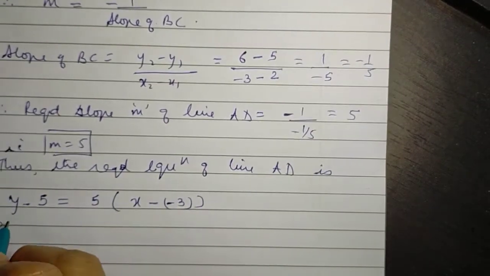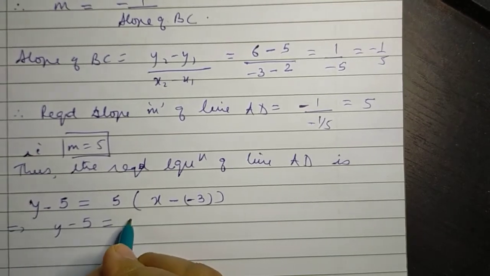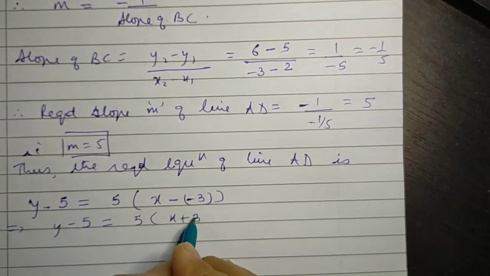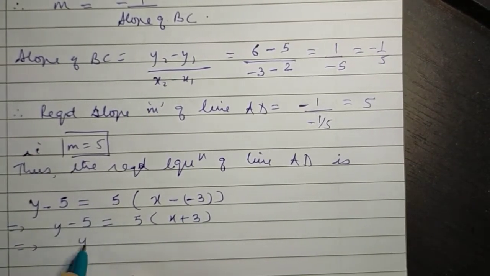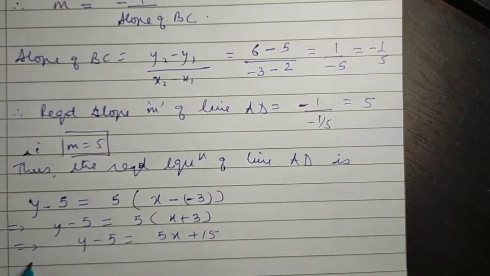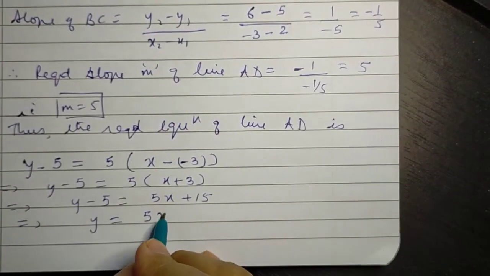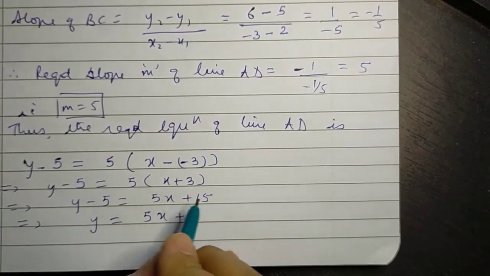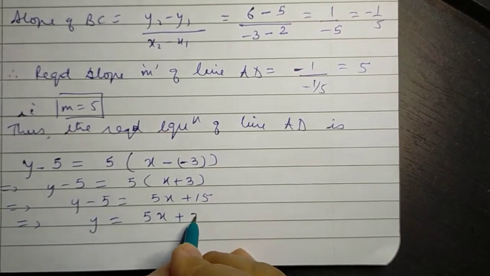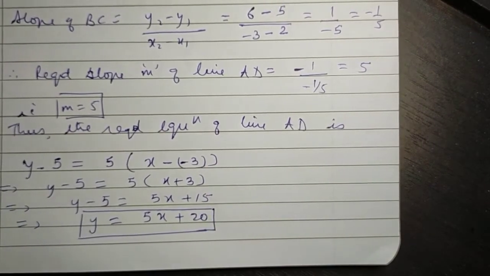Solving, we get y minus 5 is equal to 5 times x plus 3, which gives us y minus 5 is equal to 5x plus 15. And on solving, we get y is equal to 5x plus, this 5 goes this side, 15 plus 5 is 20, and this is the required equation.